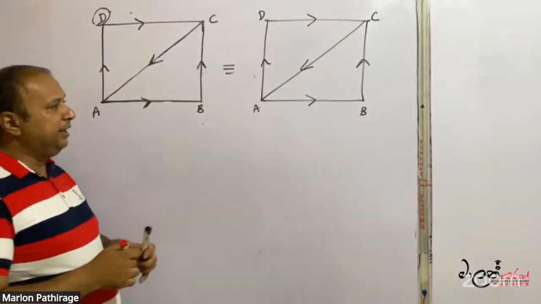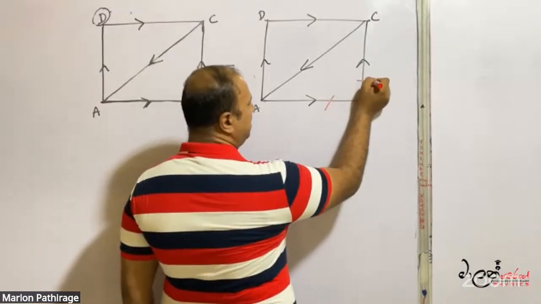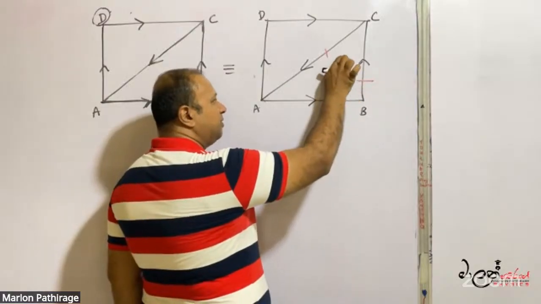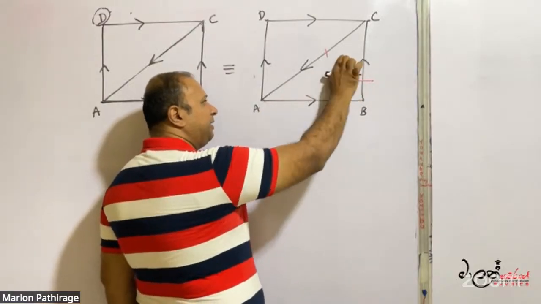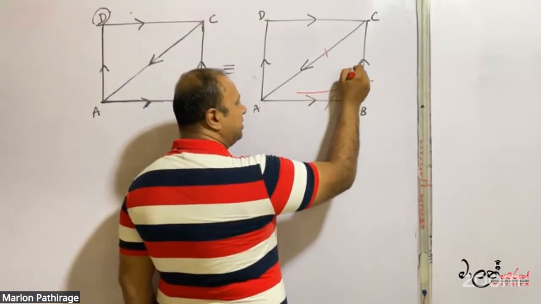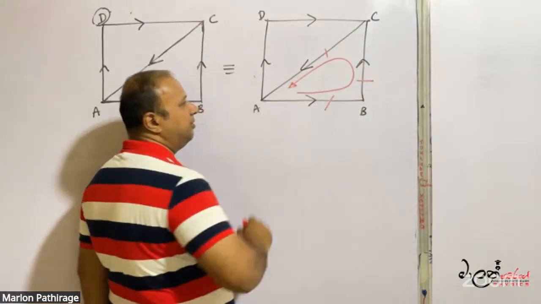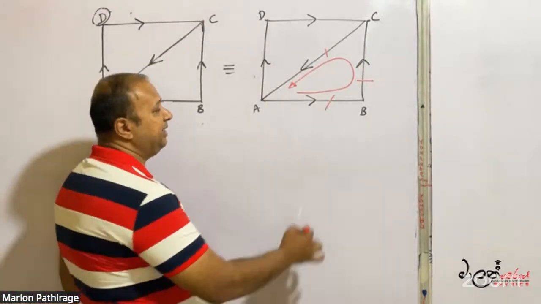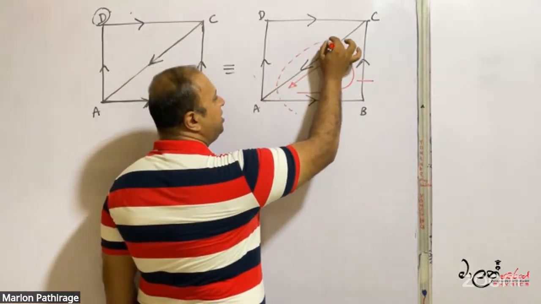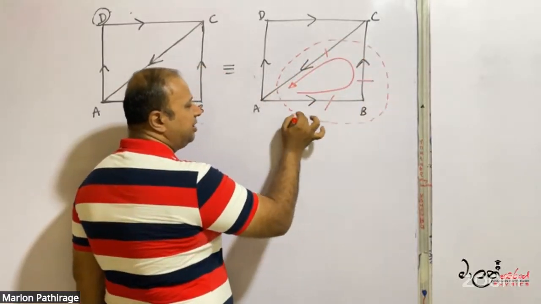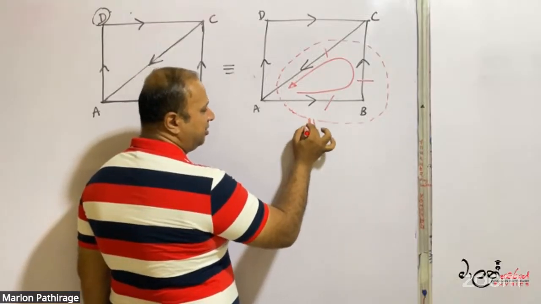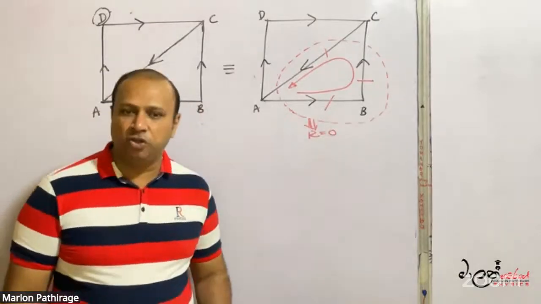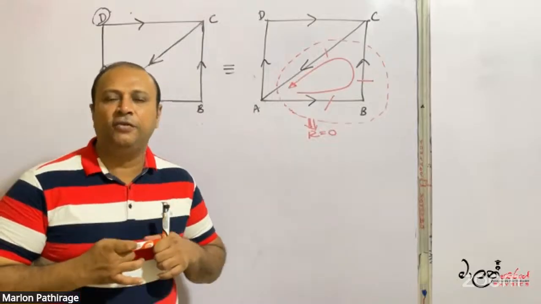Now, it is very clear if you consider these three vectors, this is a closed loop. As this is a closed loop, definitely the addition of these three vectors, the resultant of these three vectors, should be 0. Is that clear? If you got that, please say so.